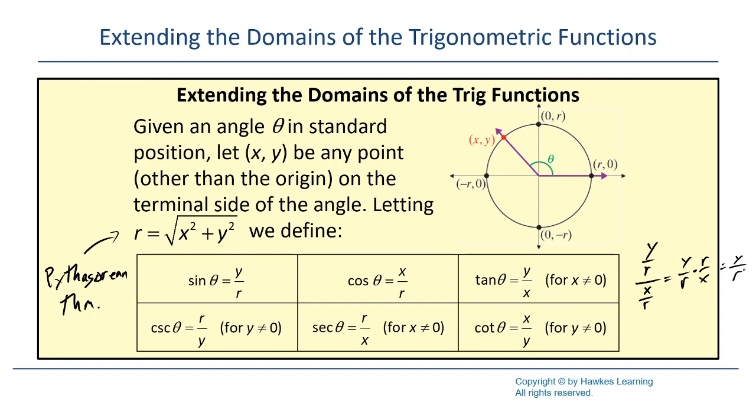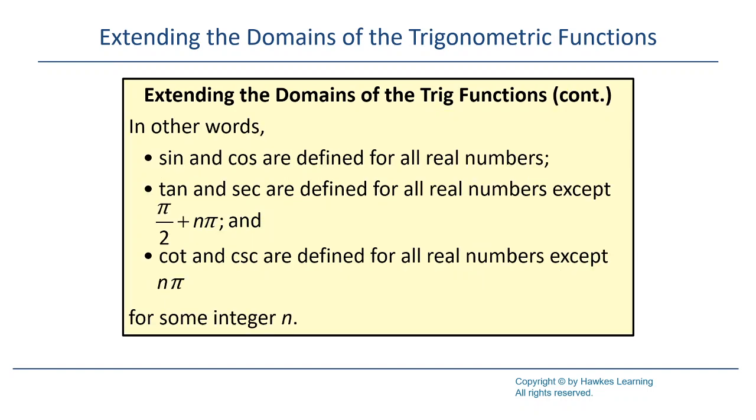So tangent is kind of nice that it almost keeps the same thing from the unit circle. And so then, of course, cosecant, secant, and cotangent still have their respective pairings. And they're just the reciprocal of sine, cosine, and tangent, respectively.